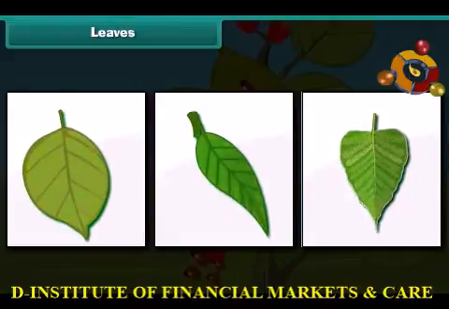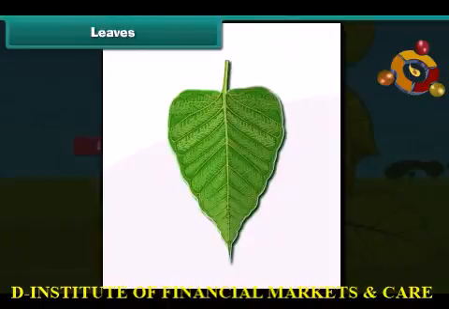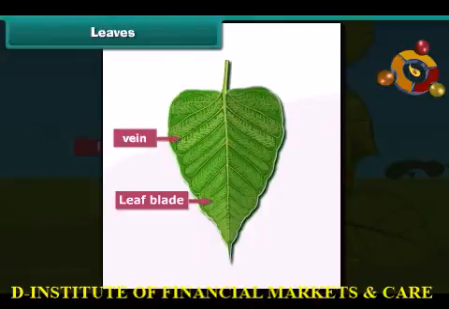Some of them have straight margins, while some have uneven margins. The flat part of a leaf is called leaf blade. Each leaf blade has a main vein and many small veins connected to it. Through these veins, water is circulated throughout the leaf.